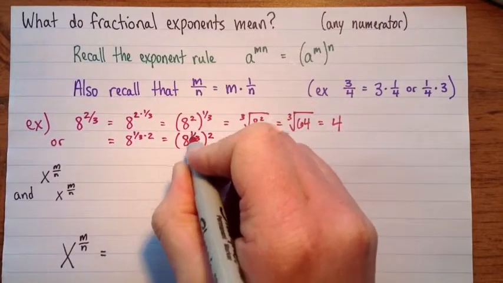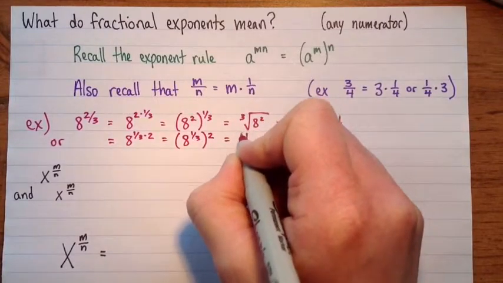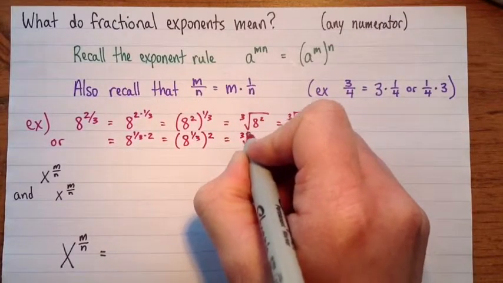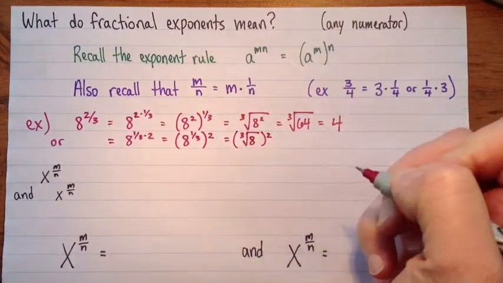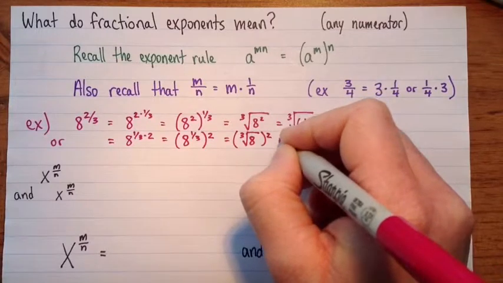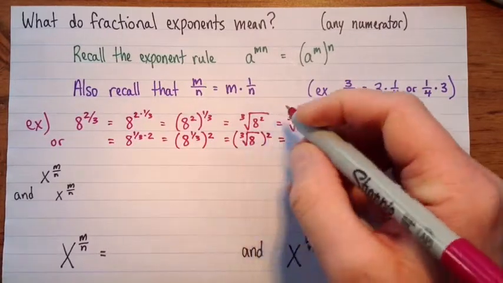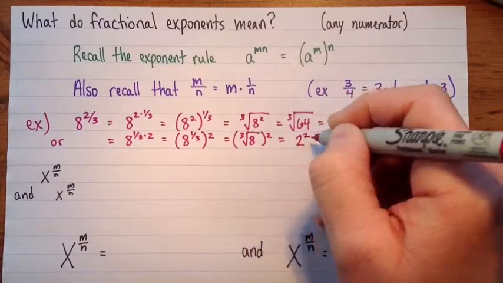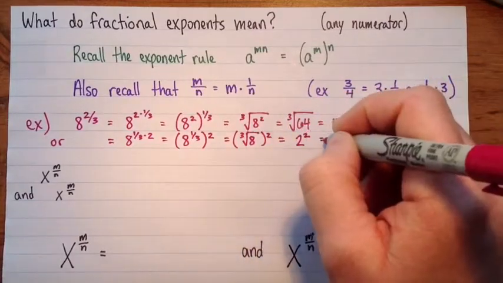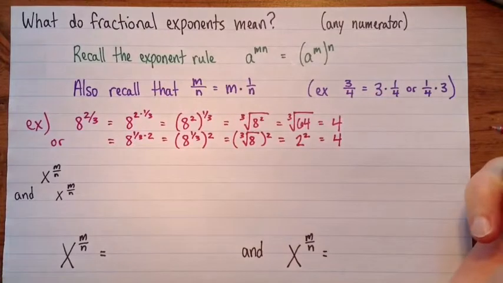And now I'm going to write my exponent of 1/3 as a cube root, and I've got that to the exponent 2. Now I'm going to calculate these. The cube root of 8 is 2. So this is equal to 2 squared, because I've still got my squared, and 2 squared is 4.